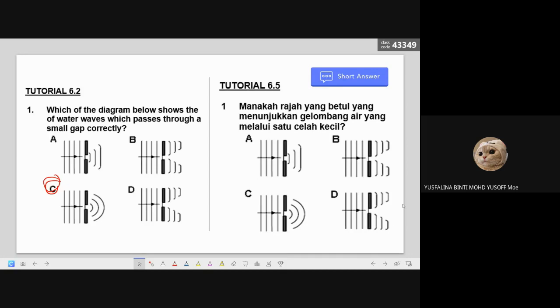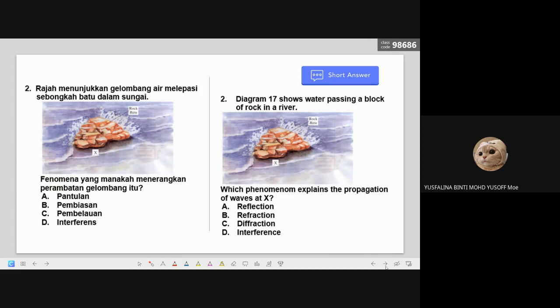Okay, for the next one. Diagram 7 shows water passing a block of rock in a river. So which phenomenon explains the propagation of water at X? So what happened at X?